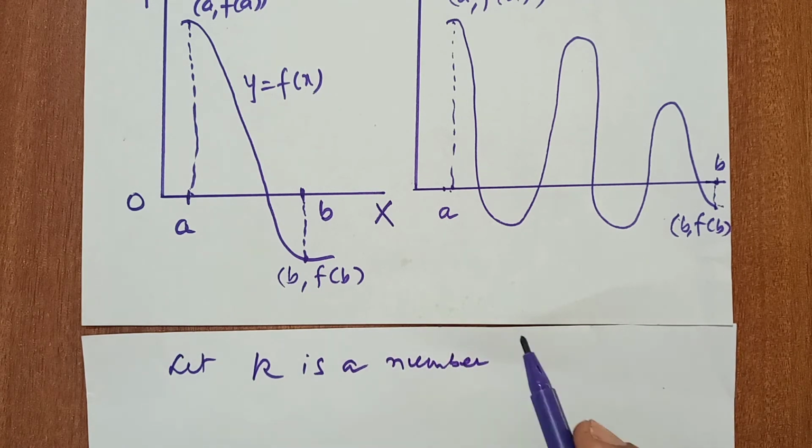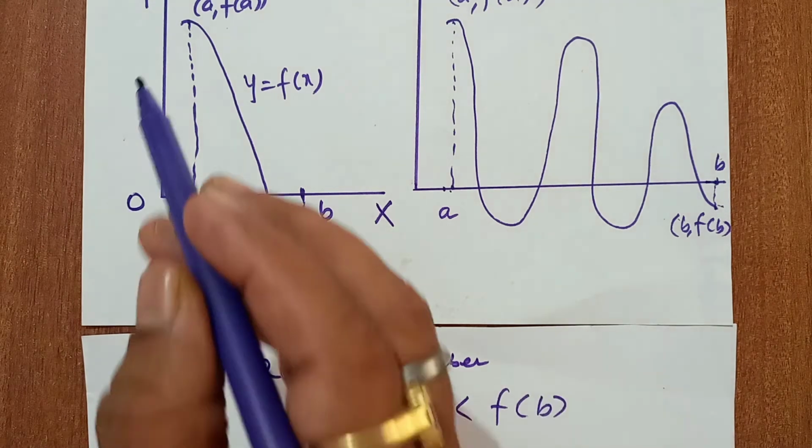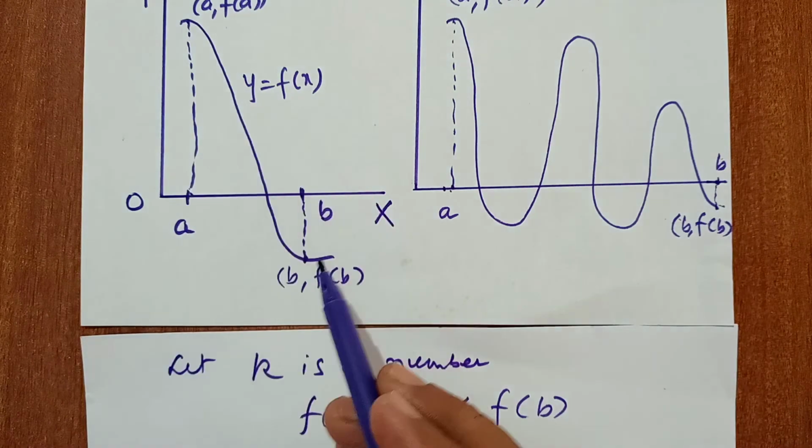between f(a) and f(b), meaning f(a) is less than k less than f(b). It means k is any number between f(a) and f(b).